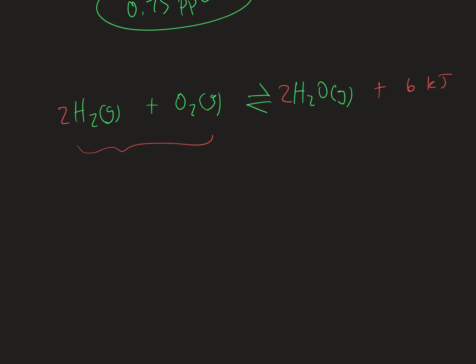So that pushes it this way. What else? Reduce the heat. The heat's on this side, so if we add heat, it's going to push it that way. If we reduce the heat, make it colder, it's going to push it this way.